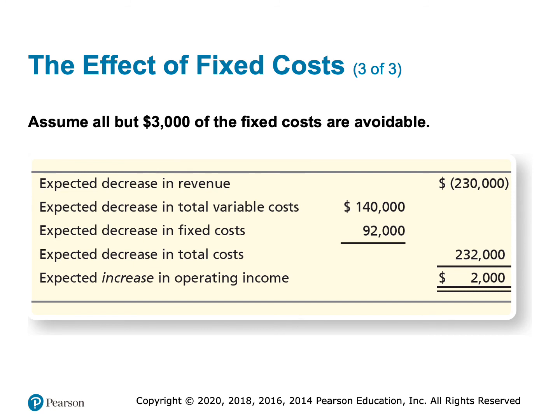In this case, we would lose the 230 in revenue, we would save $140 in variable cost, and we would save $92 in fixed cost. So now we've saved $232,000, lost revenue of $230. Now we're expecting profit to increase by $2,000. So at first glance, we would say, oh yeah, totally. In this case, we should cut the premium tablets. It's going to save us $2,000.